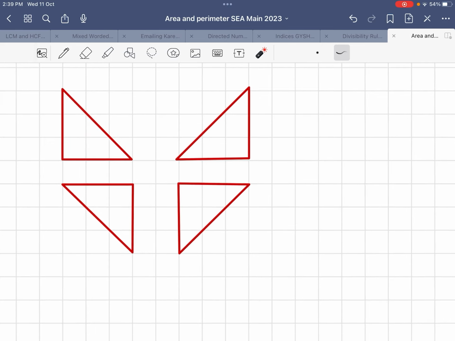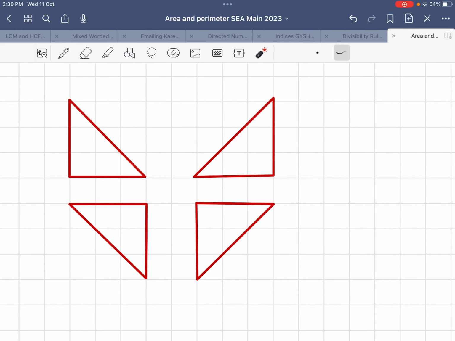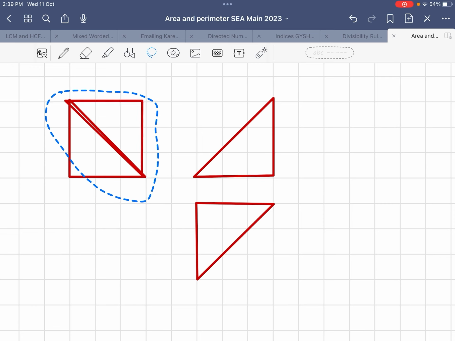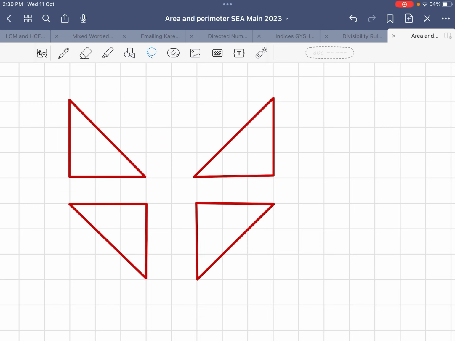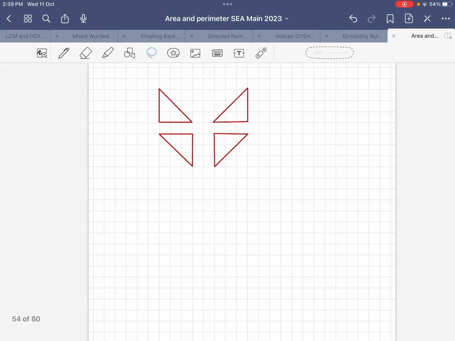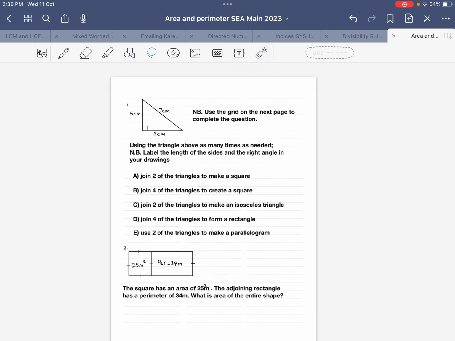So the first question tells us to make a square using 2 of the triangles. So let's do that. So here I have a few triangles drawn already. We can add this triangle to make a square. So that will be A. B tells us use 4 of the triangles to create a square.